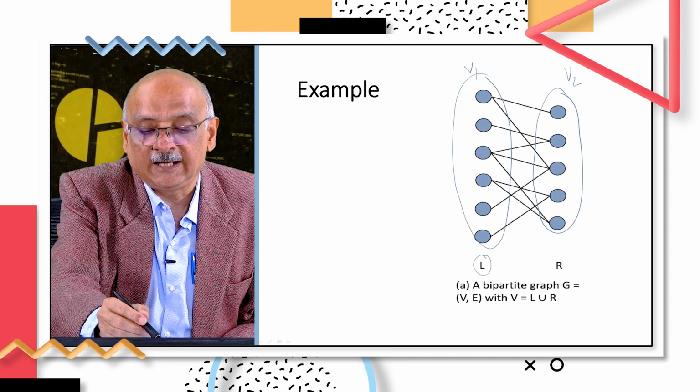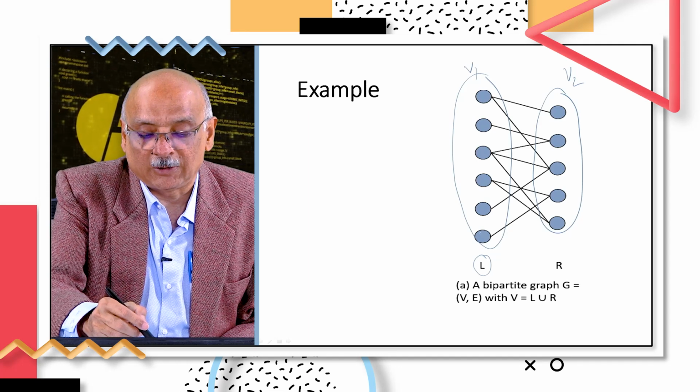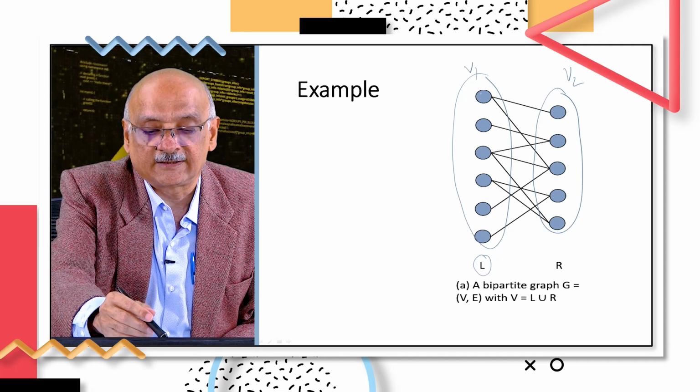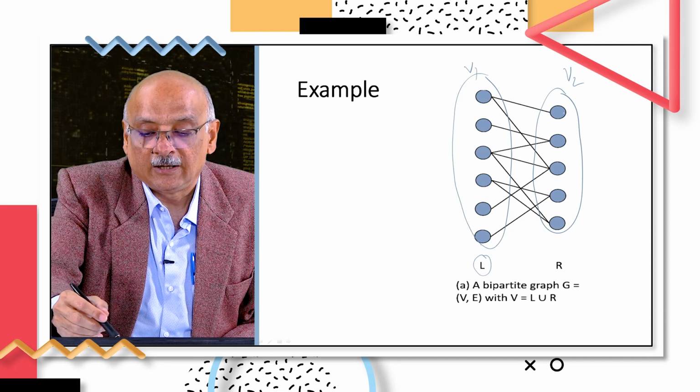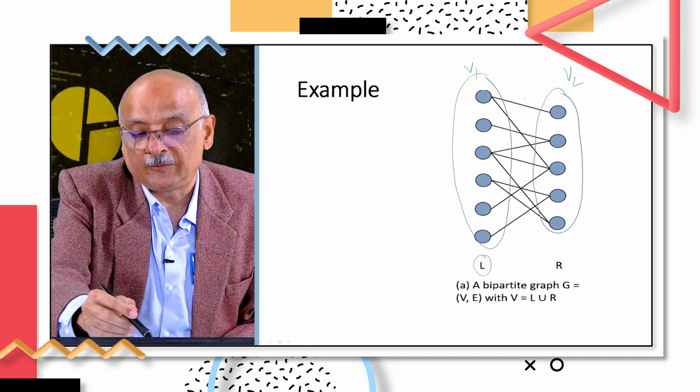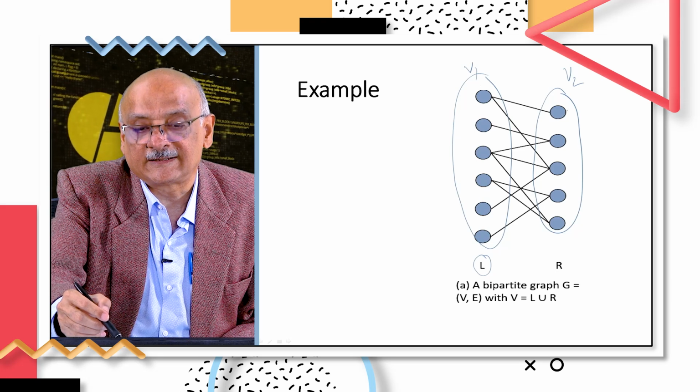Is it clear? There are no edges among the vertices of the V1 set themselves, but from V1 to V2 all the edges are there.